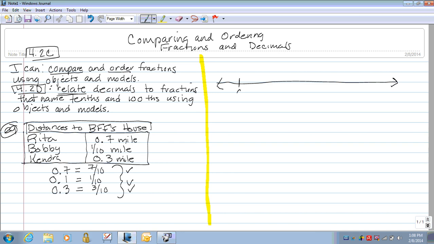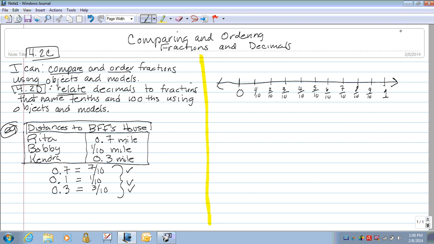And here's 0. And here would be 1/10, 2/10, 3/10, 4/10, 5/10, 6/10, 7/10, 8/10, 9/10, and 10/10 is the number 1.